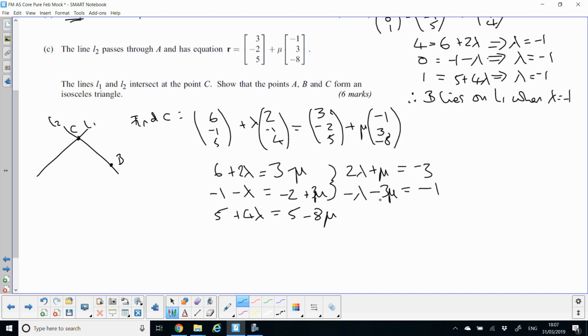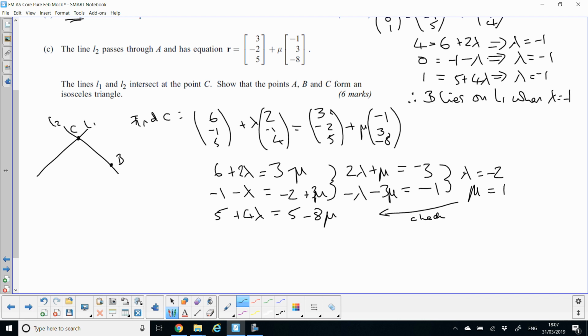Then they will be in a format whereby you could put them in your calculator's simultaneous equation mode to find lambda and mu. What you'll find from there is lambda is 2, mu is 1. It's always worth checking in the last equation, you don't need to in this question, but that way you'll know if your values are right.